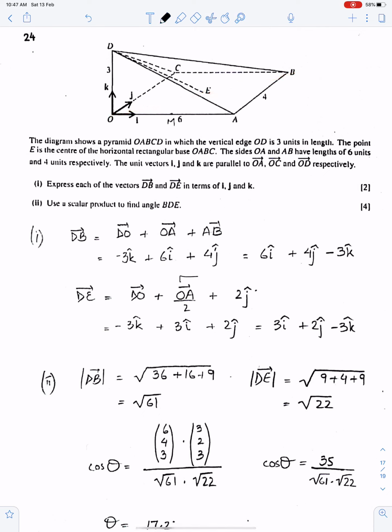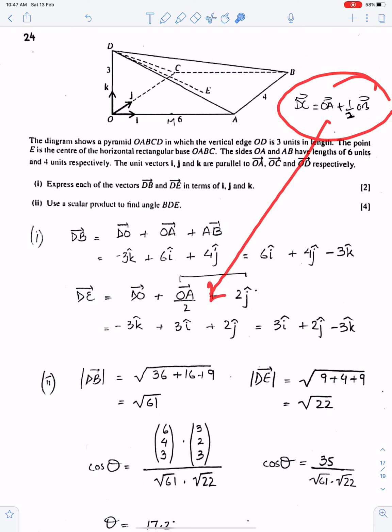This is vector OE, which is half of OB. So I'm writing this here. DE is DO plus OA plus half of OB. This student used this method directly over here. And then you need the angle, which is simple. Take the dot product of these two vectors DB and DE.